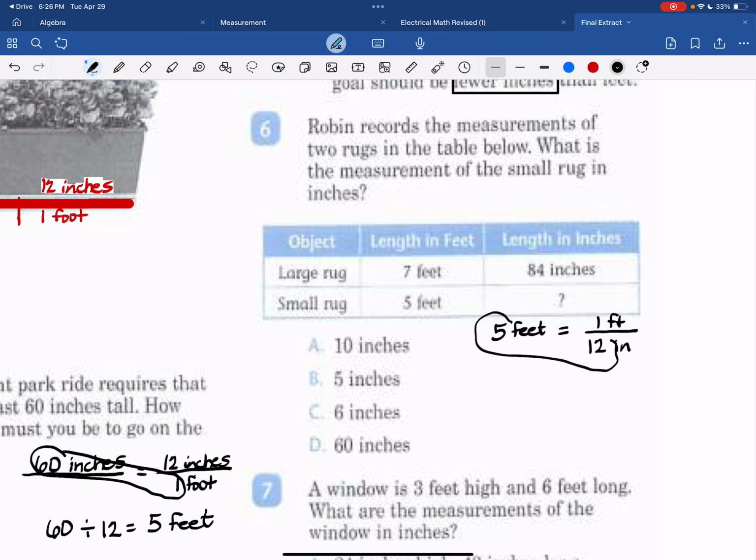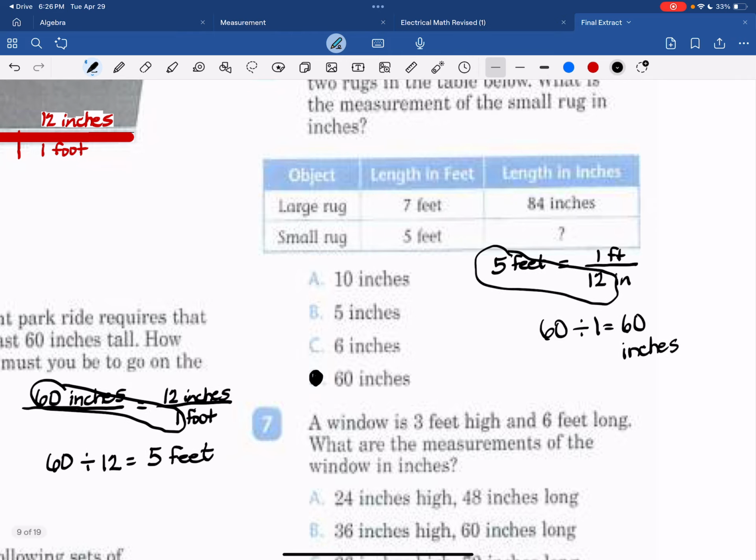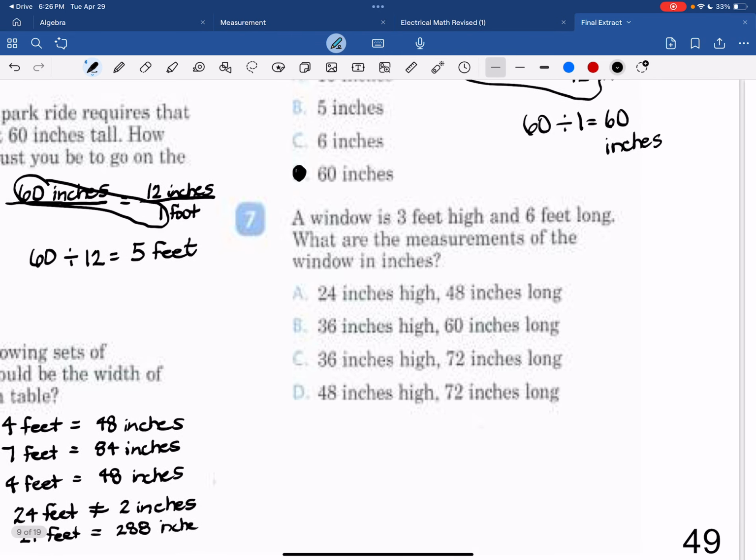So if we multiply those two, we would be 60 divided by 1. That's 60 inches. If you knew to just multiply by 12, you don't need to set up that proportion. That's just if you're not sure how to do it.